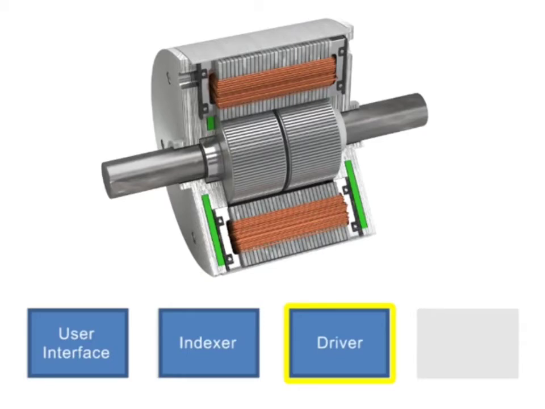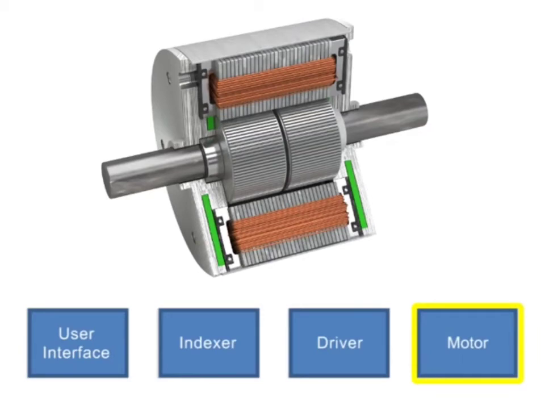The last, fourth one, is the motor. What is the role of the motor? The stepper motor is a brushless electric motor, as I have already mentioned, that converts pulses into mechanical shaft rotation. Each pulse moves the shaft by a fixed angle defined by the multiple-tooth electromagnets arranged around a gear-shaped rotor.